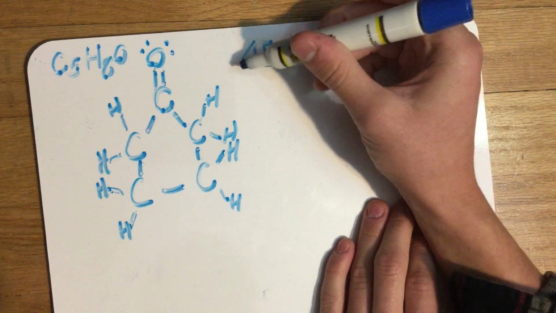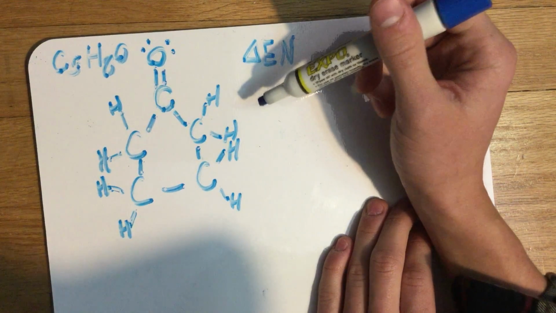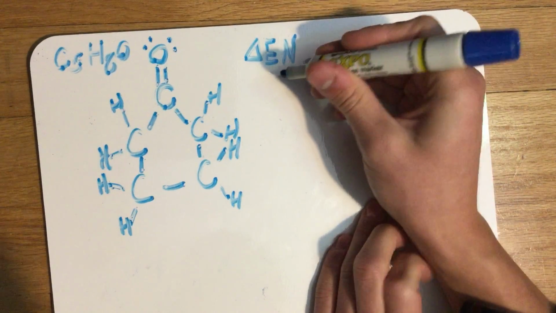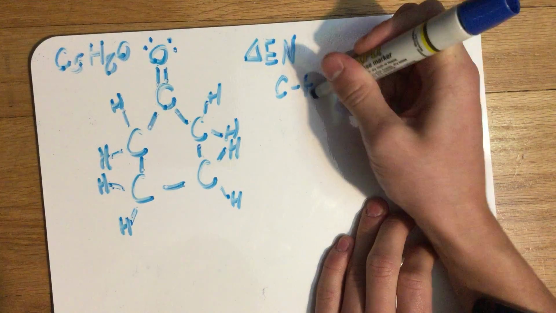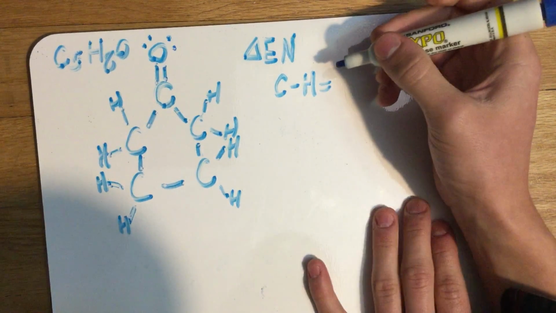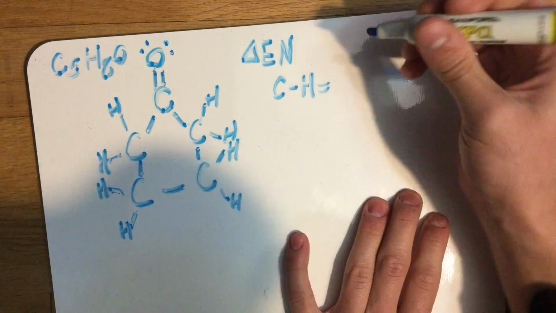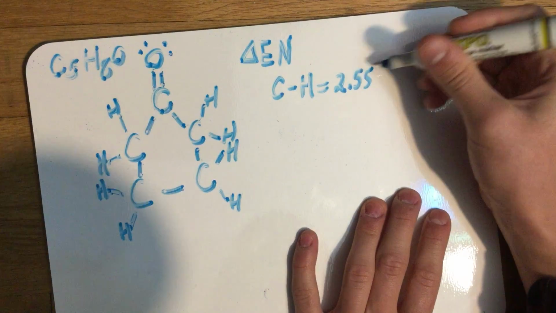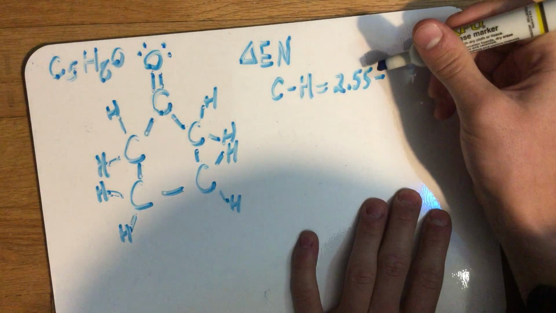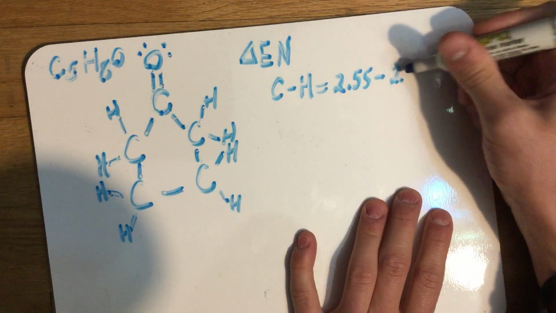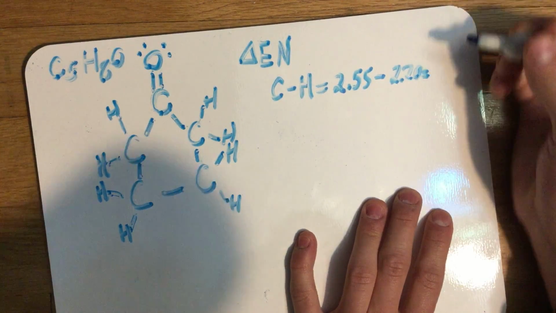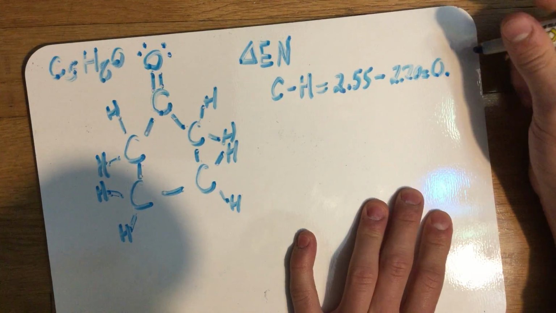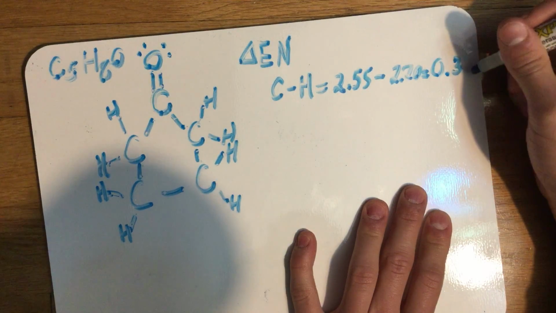So when looking at the change of electronegativity for a carbon and hydrogen bond, so C minus H, we look at our periodic table and find out that carbon has a 2.55 electronegativity, and then you subtract hydrogen, which has a 2.20 electronegativity. When we do that, we find out that the change in electronegativity is 0.35.